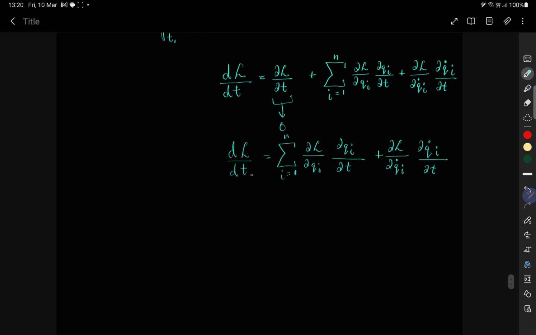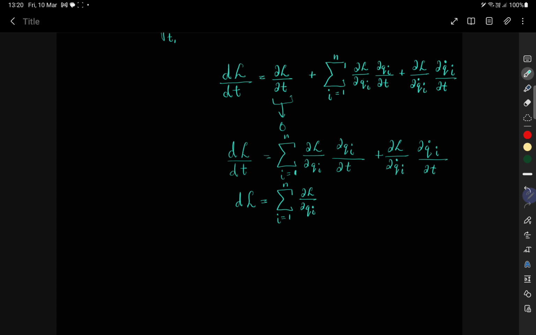Now I'm just going to multiply this by dt out. I know it's not a regular fraction, but just follow me here. Also, if it's not clear, qi and q dot i are both just functions of time, technically, because they are the position with respect to time.